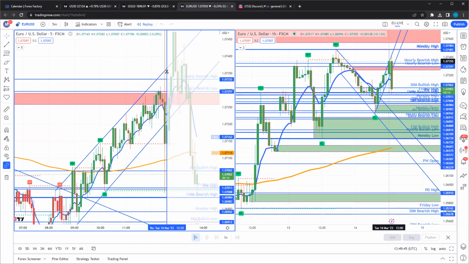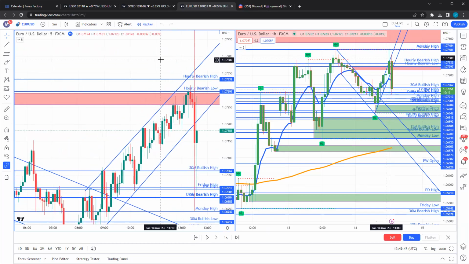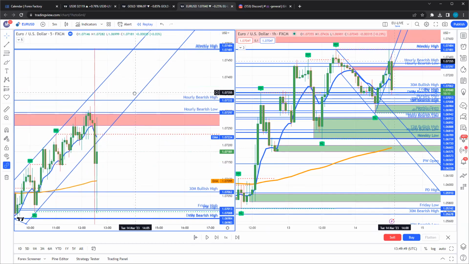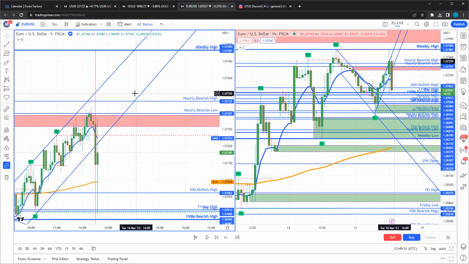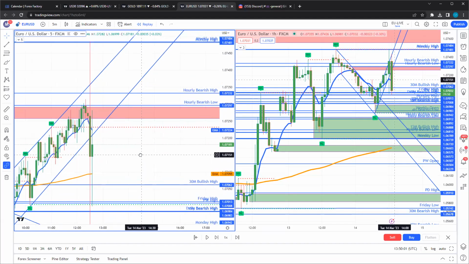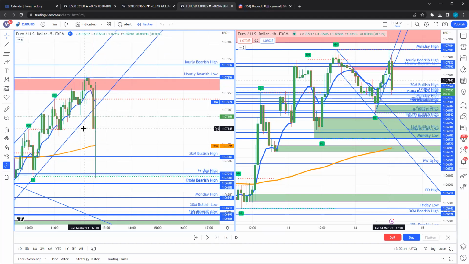Okay, so for CPI, NFP, FOMC, what we need is the first news candle, the first 5-minute news candle, to either be a strong bearish candle or a strong bullish candle. So what do I see here? It's a bearish candle, sure, but it's not a strong bearish candle because we have a big wick to the bottom. So this wick to the bottom is what, 20 pips, 30 pips, or 25 pips.